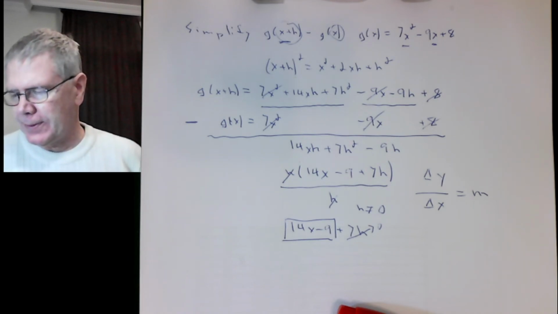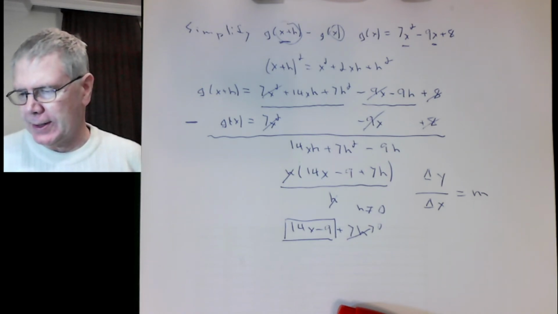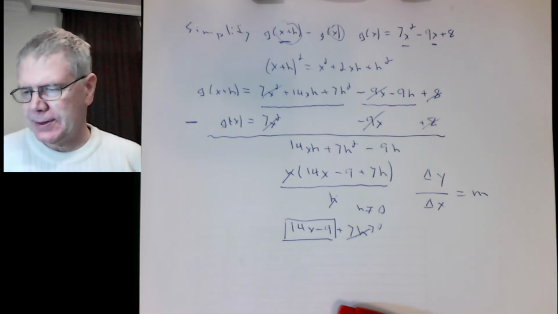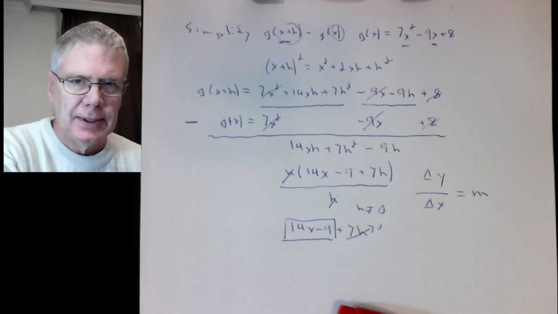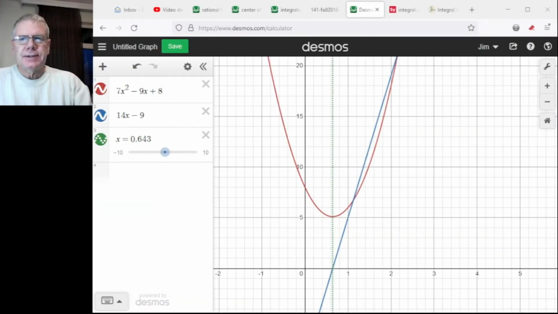Let's look for one last moment here on Desmos. Okay, so here is the graph of these two functions. The red is the function it gave you. It has an x squared, so it's a parabola.